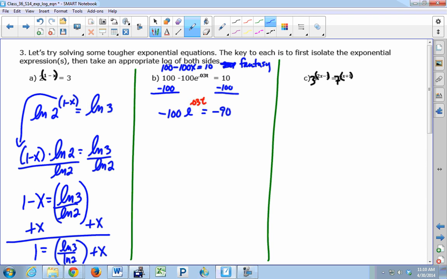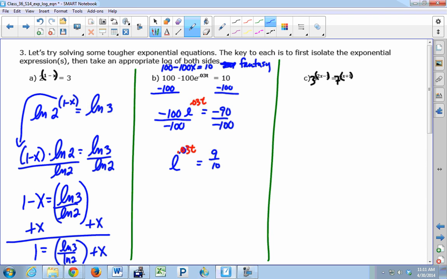So if I just had a baby old linear equation, that's what it would look like. What would be my next step on that equation? Divide both sides by negative 100, because that's the coefficient. I'm going to do the same thing here. I divide both sides of this equation by negative 100. And what I'm left with on the left side is e to the 0.03t, and on the right side is 9/10.